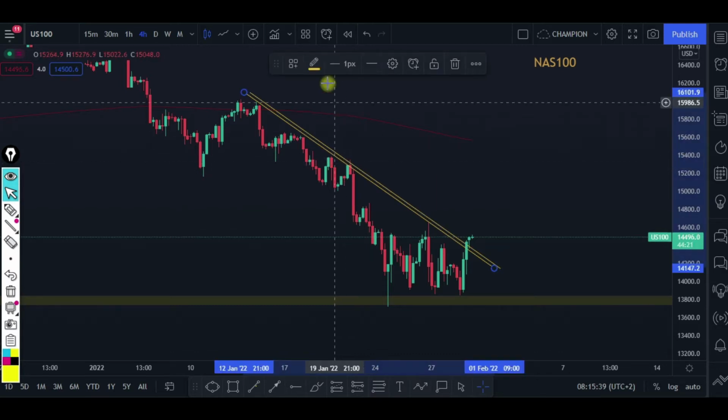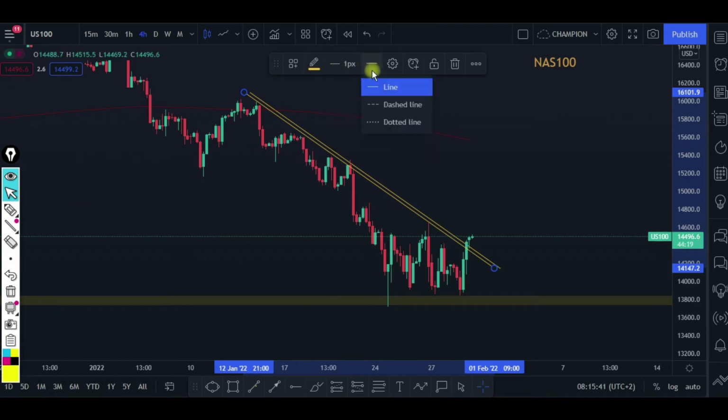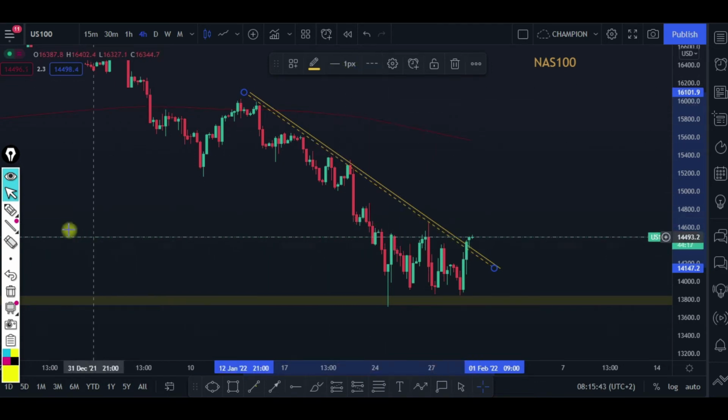As you can see, the market broke out of this resistance right here. We are about to see something like this before it pushes high.